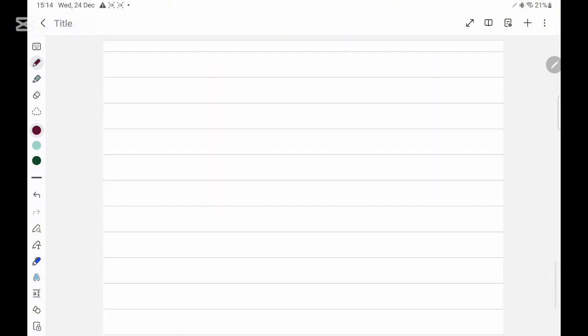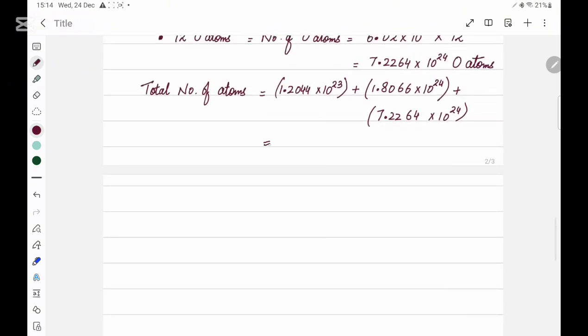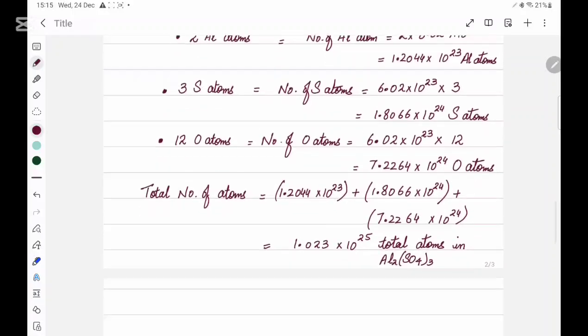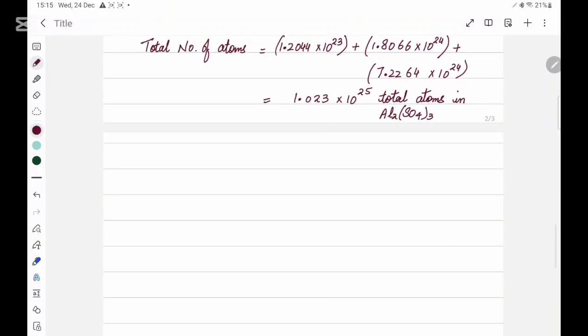Now the final answer, we just need to add them together, so it is going to be 1.023 times 10 raised to power 25. These are the total atoms present in aluminium sulfate, Al2(SO4) whole thrice. So you must know how we can find the number of atoms.